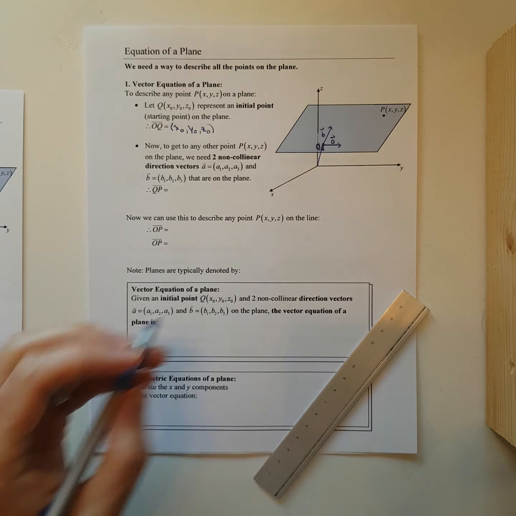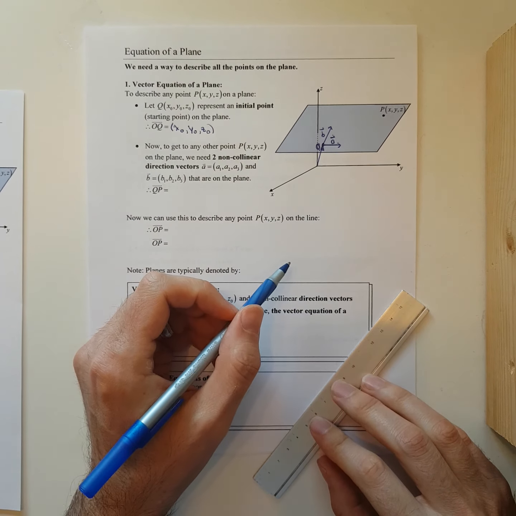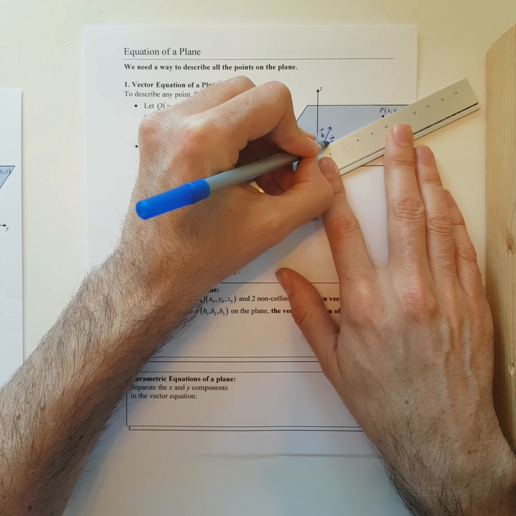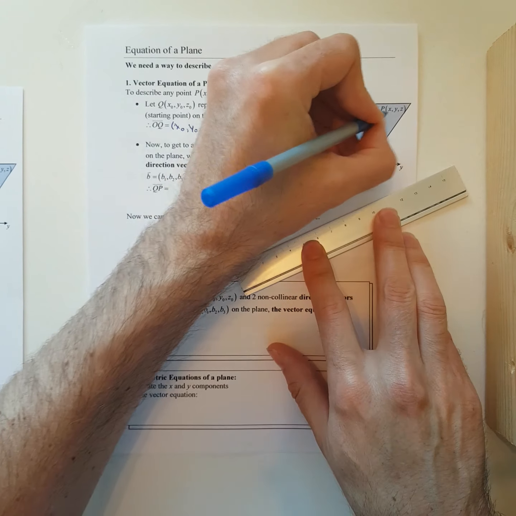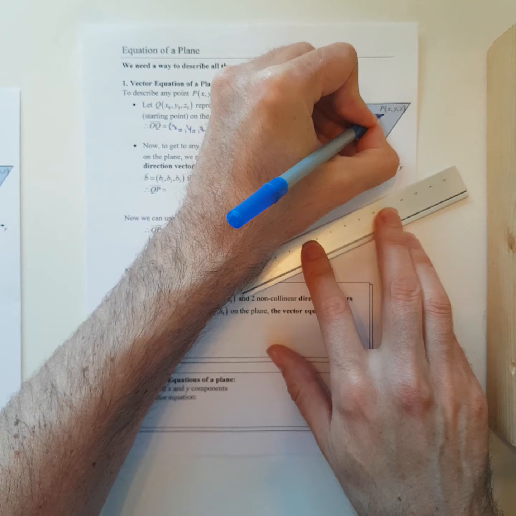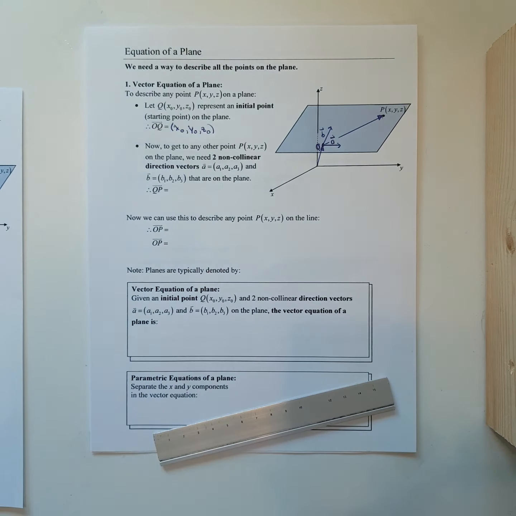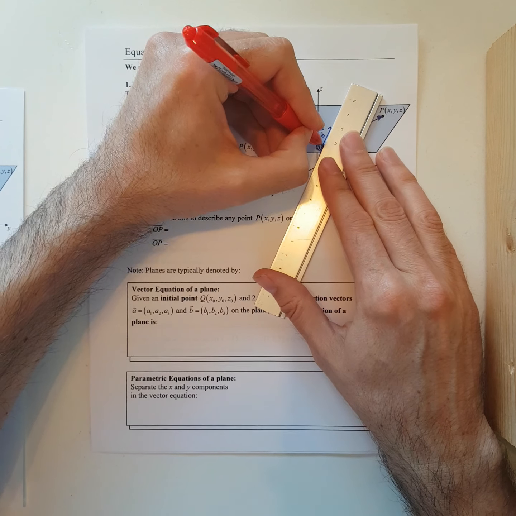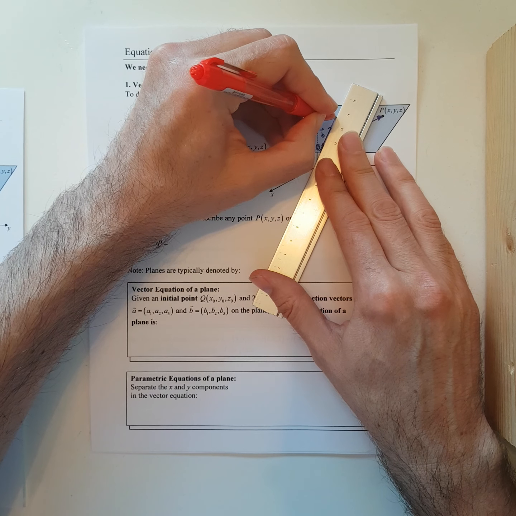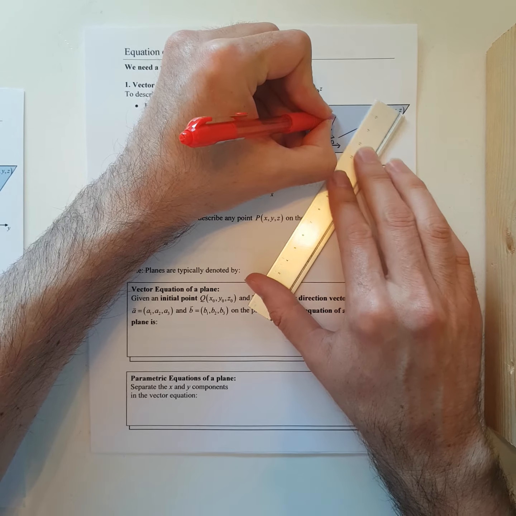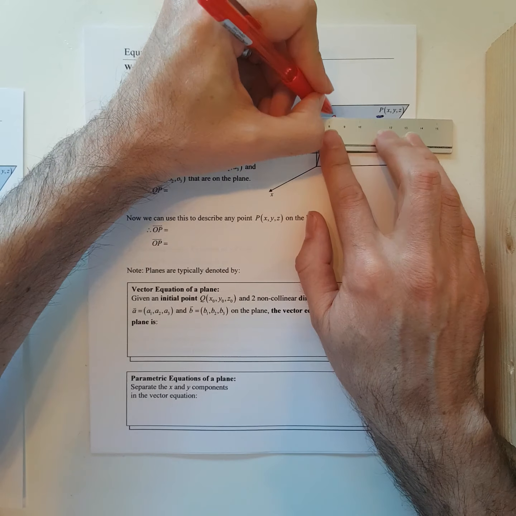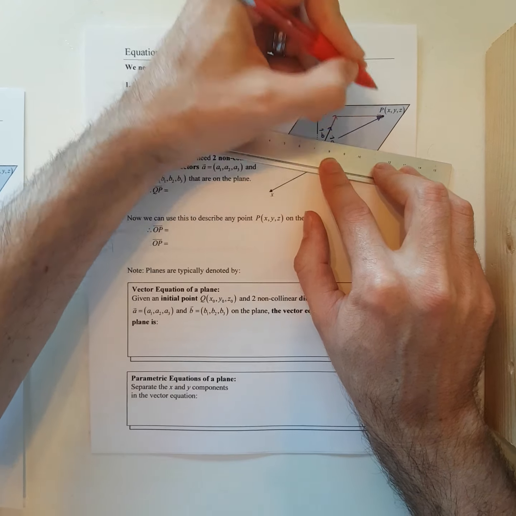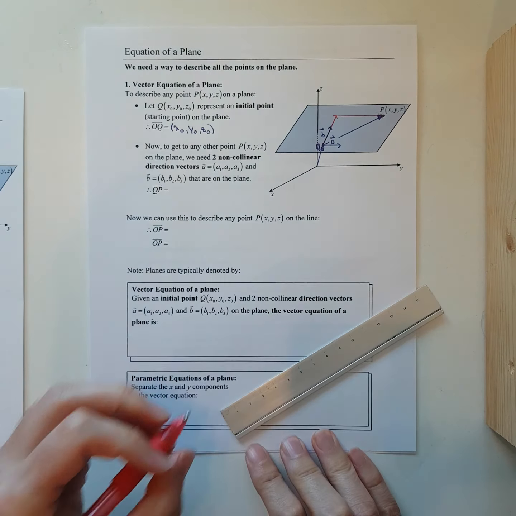And then notice that if I want to move from Q to any other point that is on the plane, so if I want to move from Q to P, we've seen this before when we were doing vector addition. I can do this by saying, well, I can do some scalar multiple of B, and I can do some scalar multiple of A, and there's our vector addition using our triangle law.